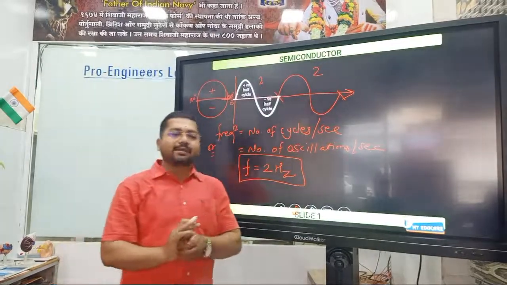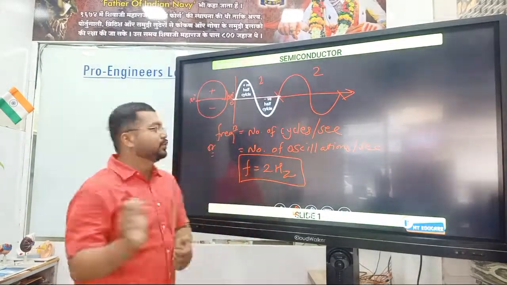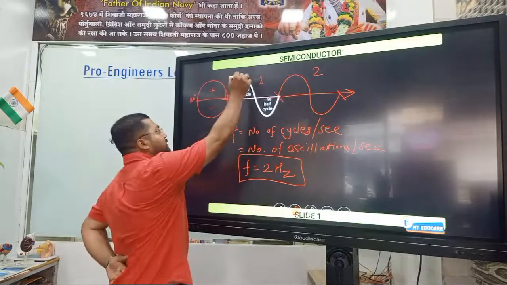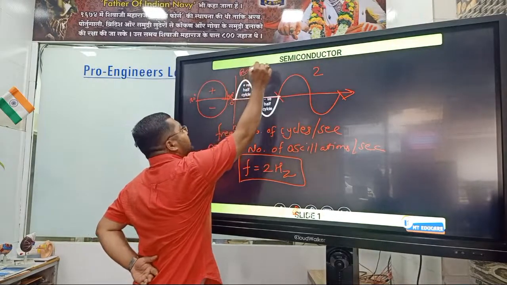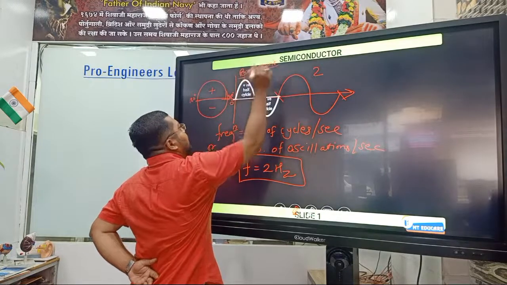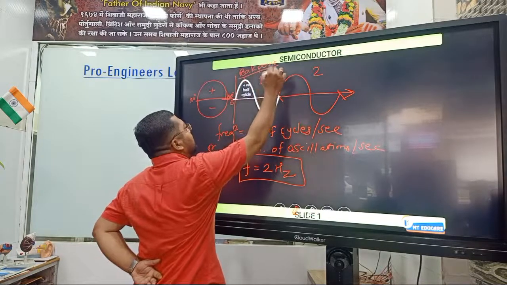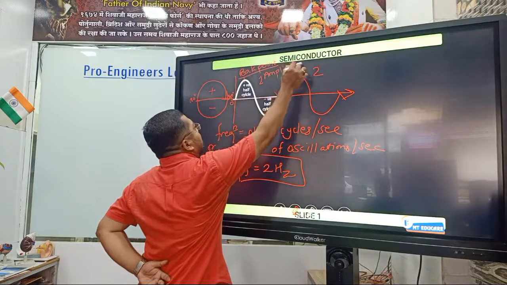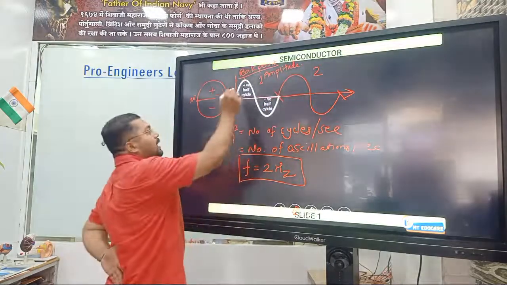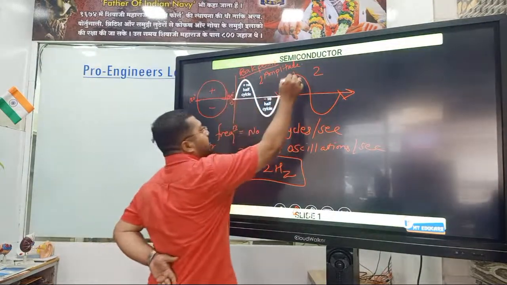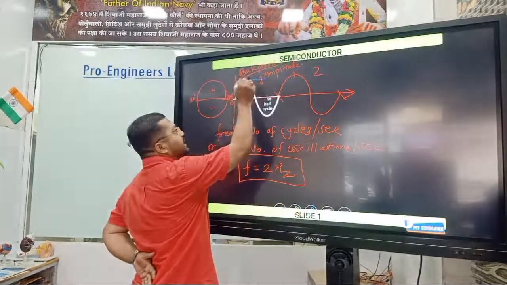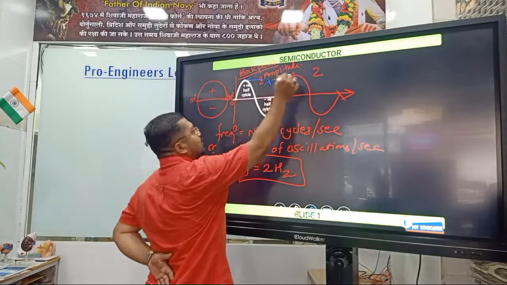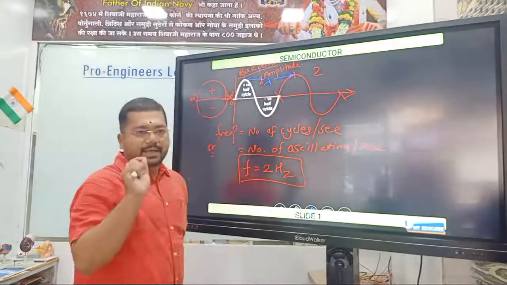What parameters this wave has, we need to understand. The peak point is called amplitude. Now the peak to peak distance, or many times it is said crest to crest distance, is called wavelength.